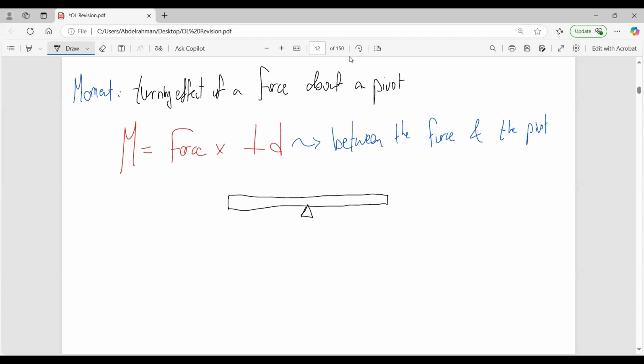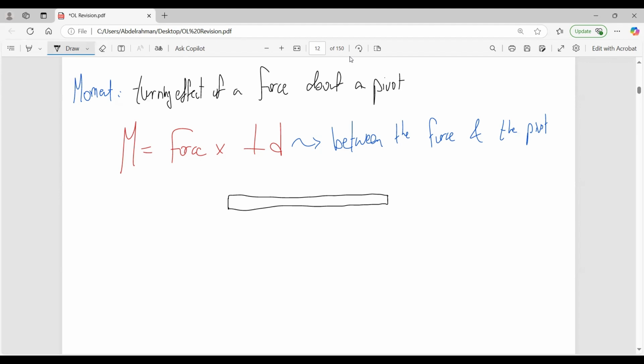Because you would ignore the center of mass, because the center of mass is acting directly above the pivot, so no moment is exerted by the center of mass. But a more difficult question would be if the pivot is to the left or to the right of the center of mass. Therefore, the center of mass would exert a moment.